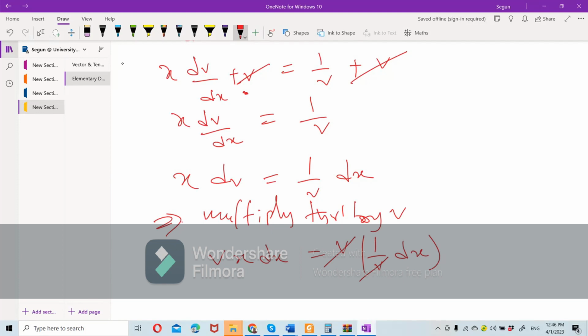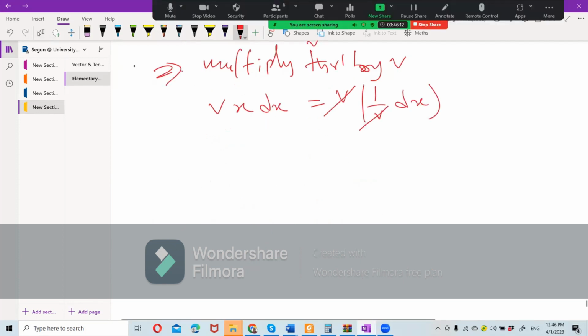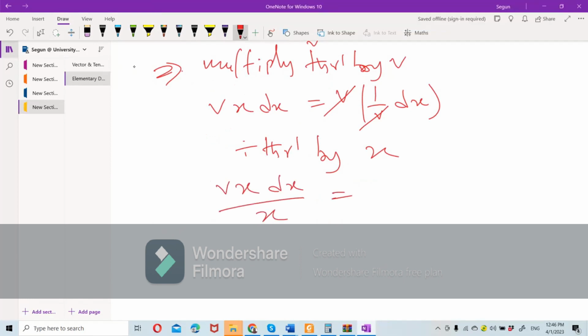At the end of the day, I can now divide through by x, which means vx dx over x equals the x over x, so the x cancels x here. So we have v dv equals 1 over x dx.